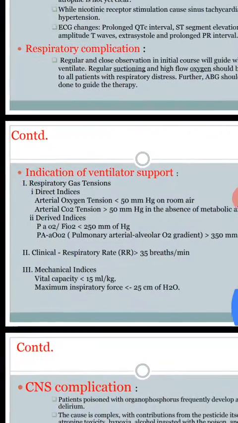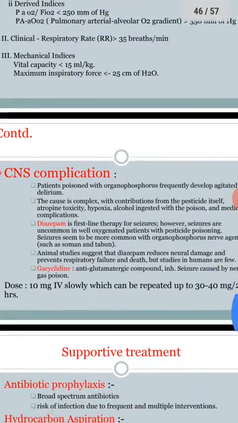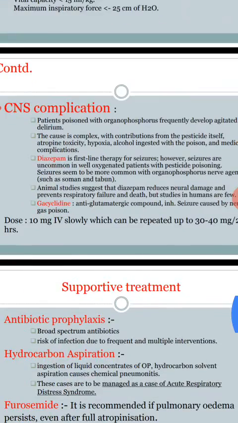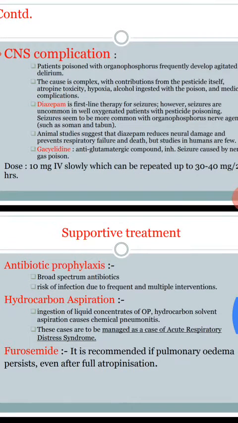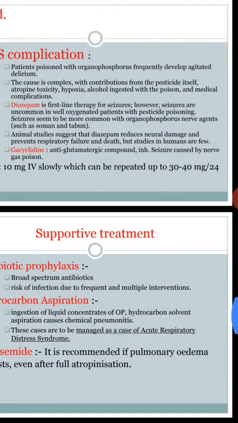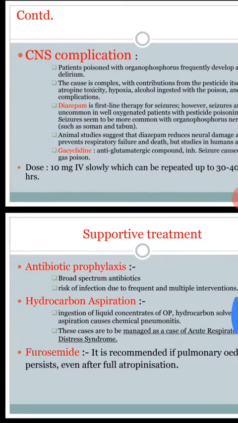Next, CNS complications: especially in organophosphorus poisoning, these are seen in the form of convulsions. The convulsions are antagonized by giving diazepam, 10 mg slowly, which can be repeated up to 30 to 40 mg in 24 hours.